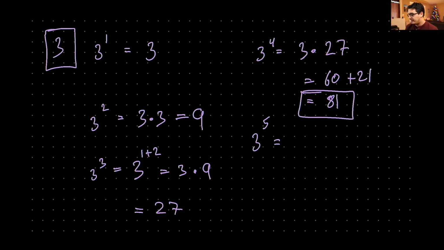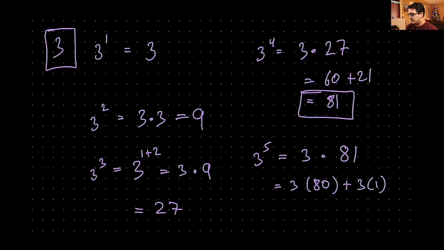And then 3 to the 5th, let's give ourselves a little bit more room here. 3 to the 5th is 3 times 81. So just to show it, that's 3 times 80 plus 3 times 1. And so that is going to be 243.